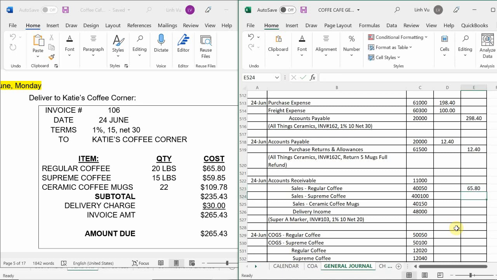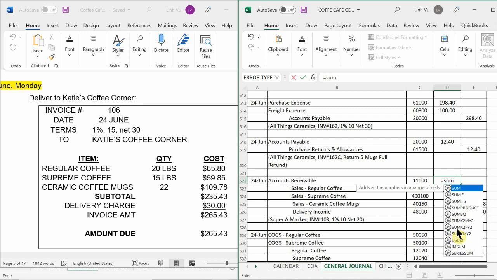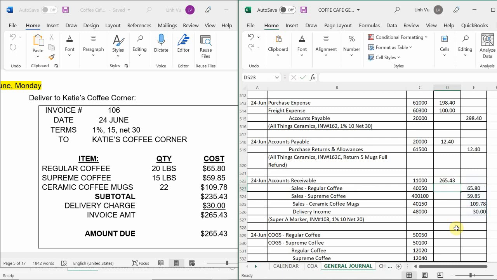Sales for the Supreme Coffee, $59.85. Sales for the ceramic coffee mugs, $109.78. Delivery charge of 30. That brings us a total of 265.43. 265.43 is our grand total.